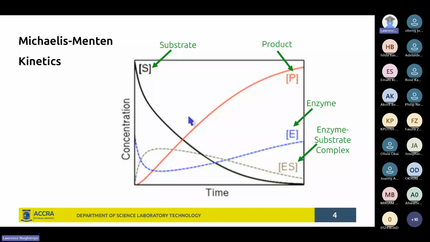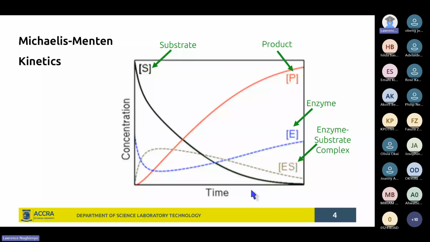So looking at the time of a reaction, how do these concentrations change over time? And Michaelis and Menten were able to study all of this and came up with this representation of how these concentrations change over time.